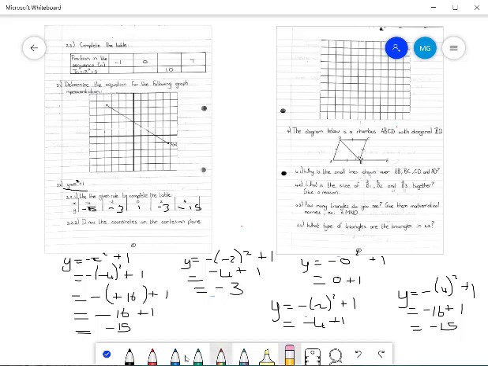Okay, so number 4 says, the diagram below is a rhombus ABCD with diagonal BD. 4.1, why are the small lines drawn over AB, BC, CD, and AD? So that is the names of the lines. Why are these little lines drawn here?